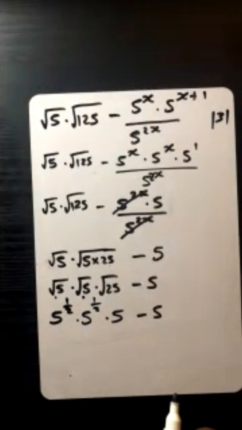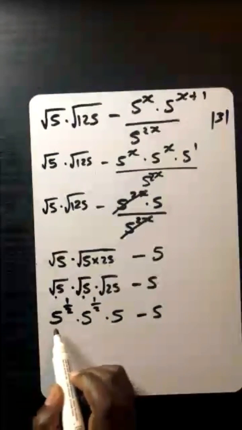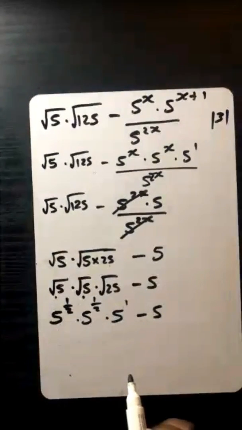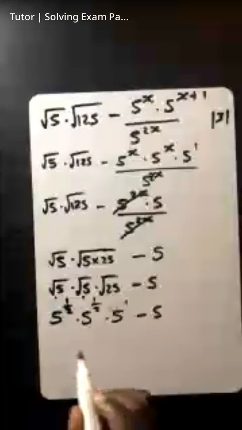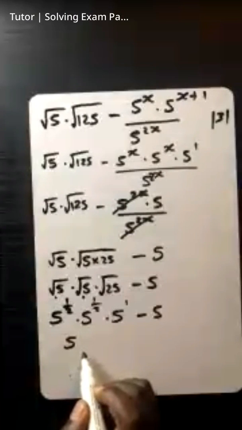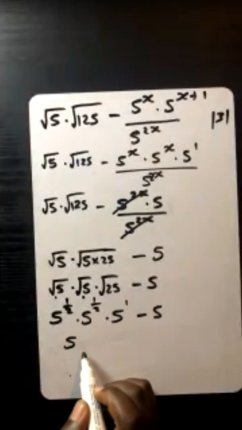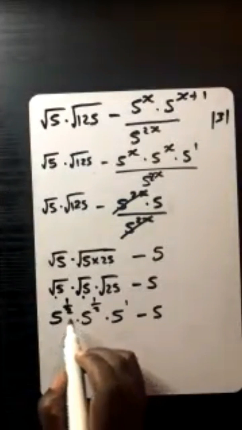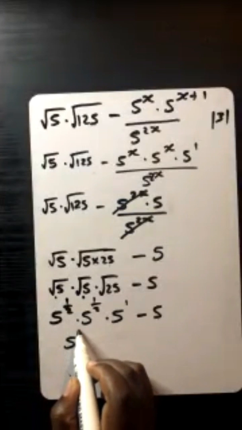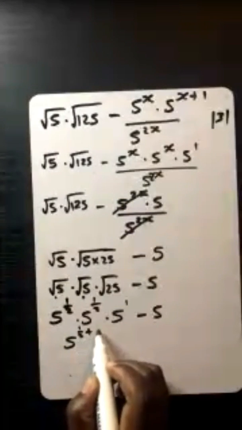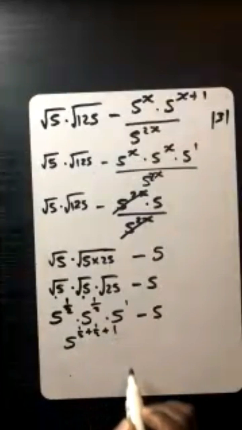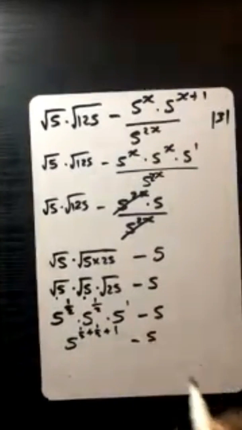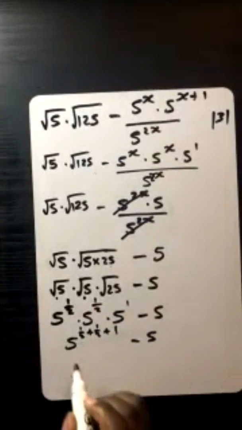Okay, so remember guys, you are multiplying the same bases, which means you've got 5 to the exponent 1 over 2 plus 1 over 2 plus 1, minus 5. I hope it makes sense, guys.